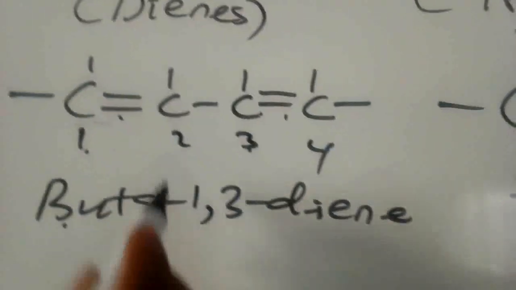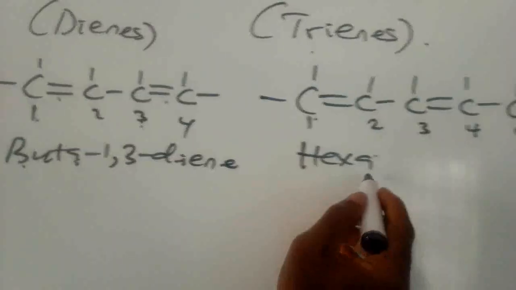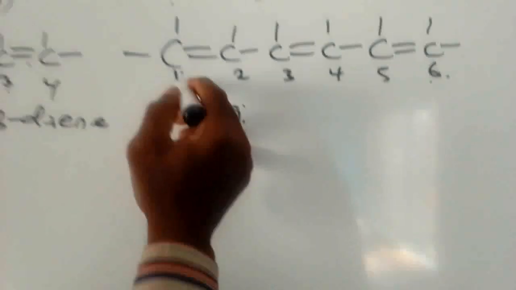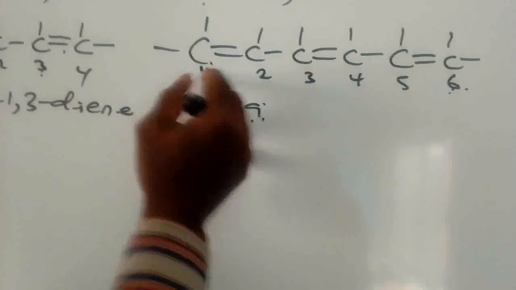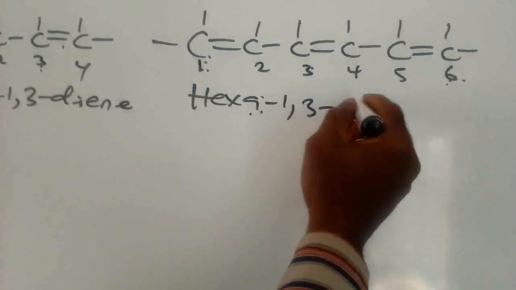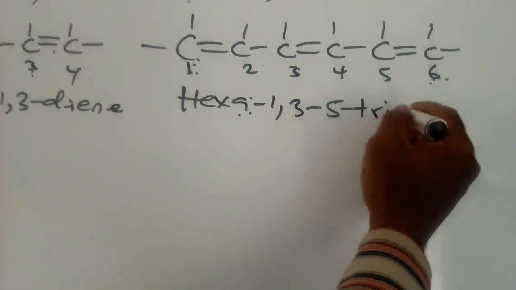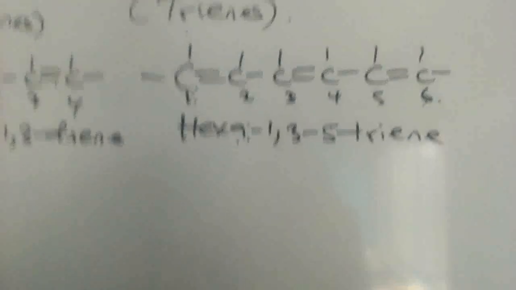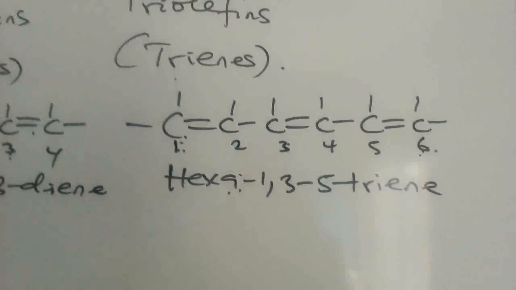Hexa, 6, there are 3 of them, signifying more than 1. Hexa, position number 1, position number 3, position number 5, triene. Hexa-1,3,5-triene skeleton.